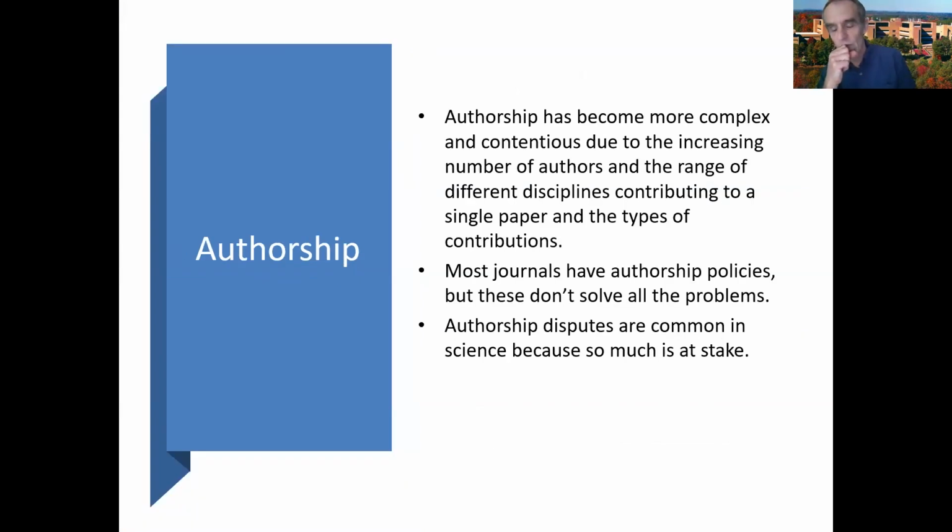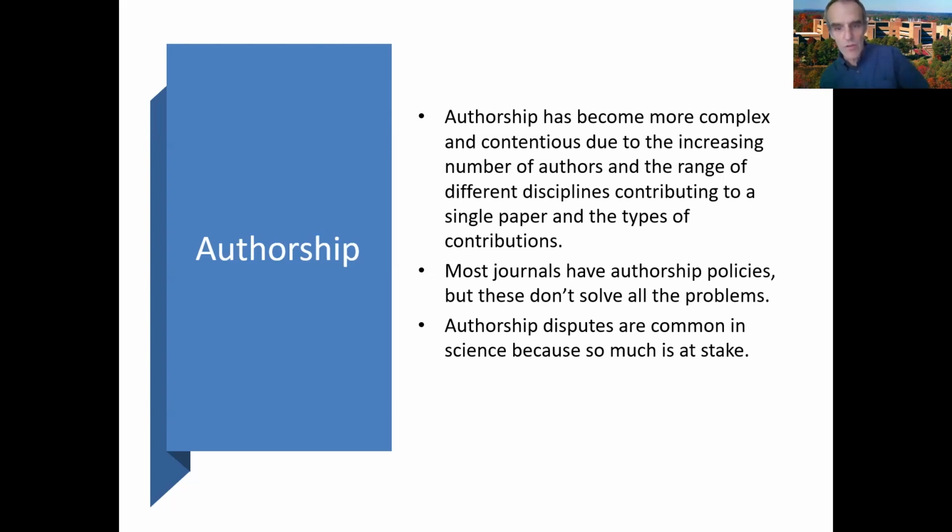So authorship has become more complex and contentious due to the increasing number of authors, the range of disciplines contributing, and the different types of contributions. And I imagine this is a big issue in citizen science. Most journals have authorship policies, but these don't solve all the problems. There are always questions of whether someone made a significant contribution or not.